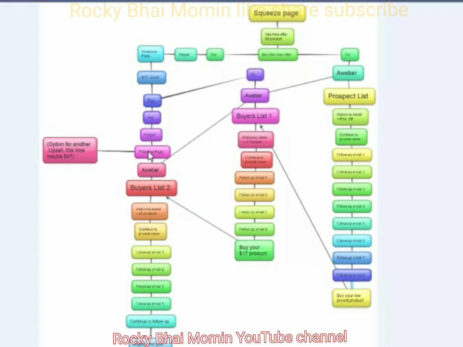Now again, this is purely optional. One upsell is usually fine, but if you'd like to implement two upsells, or any more upsells in your sales funnel, again, this is for you to decide, and this is purely optional.